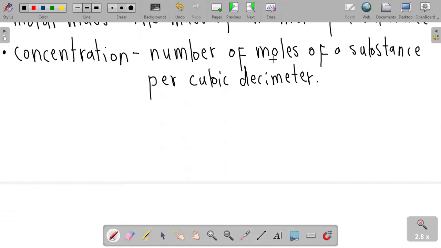Or you can say number of moles of a substance in 1 cubic decimeter.